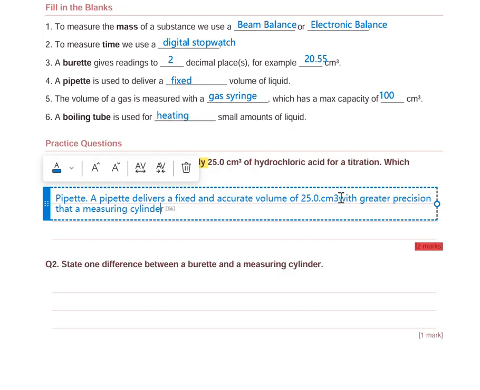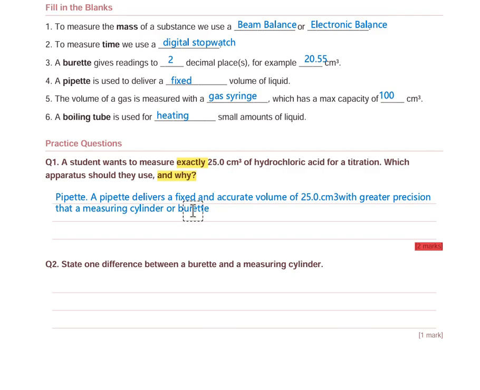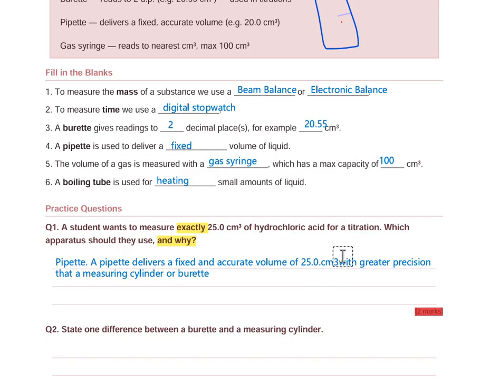measuring cylinder or burette. Okay, if you don't get the hang of it, that's okay, because I didn't get the hang of it when I started, but it's okay. So a pipette delivers a fixed accurate volume. We know this because, as stated here, it delivers a fixed accurate volume with greater precision than a measuring cylinder or burette.